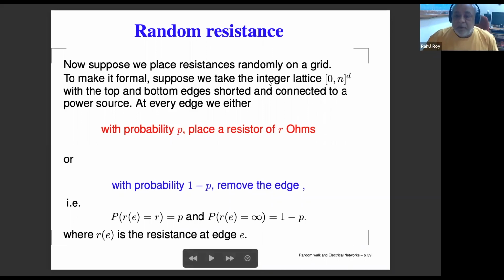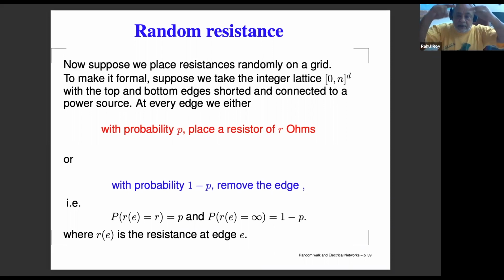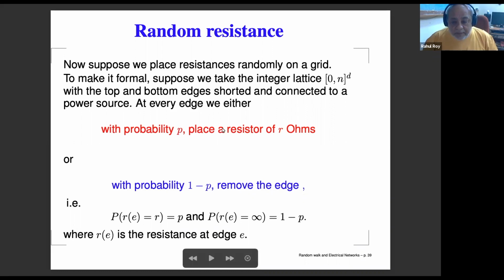So, okay, suppose we take the integer lattice, 0 to n to the power d, with the top and bottom edges shorted, so that we make a cylinder out of it and connect it to a power source. At every edge, we place either with probability p a resistor of R ohms, or with probability 1 minus p, we remove the edge.